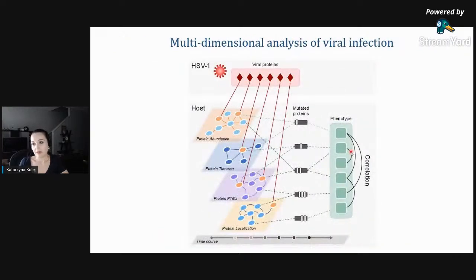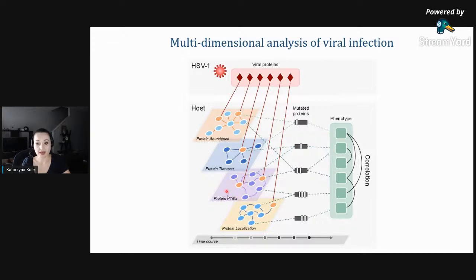So to better represent it, I wanted to show you this figure where each data set, in our case, leads to different information, from protein abundance to protein turnover to protein PTMs to protein localization. For example, we also analyzed recently, using pulse SILAC, protein turnover in infected cells, and it looks really great.